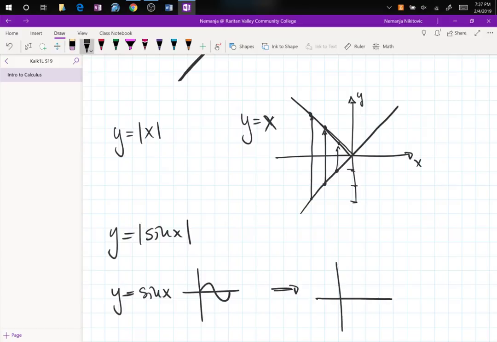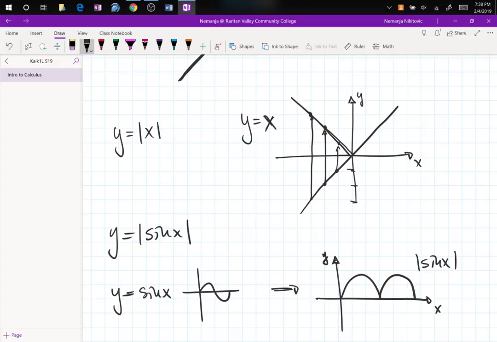So this graph would be your absolute value of sine x. So now you are learning that for absolute value graphs, you are not allowed to have anything below the x-axis, and whatever is below, you have to reflect it up to the other side.